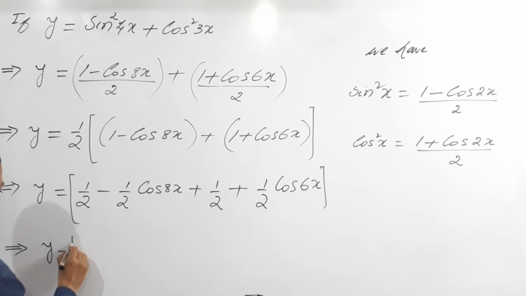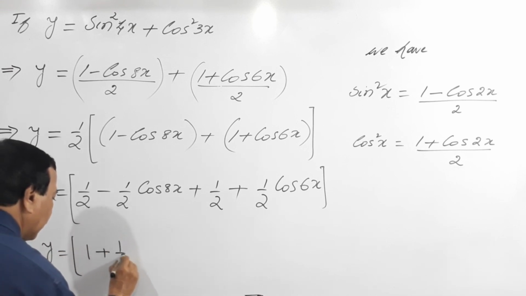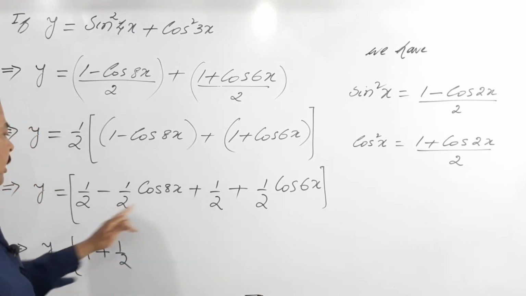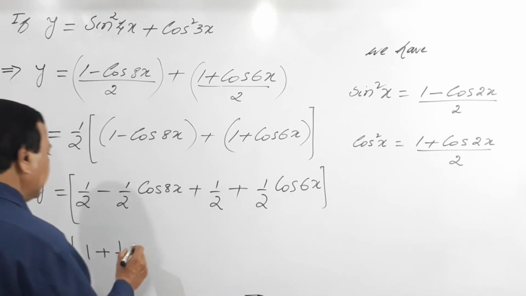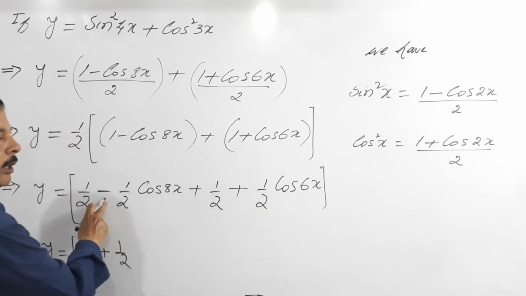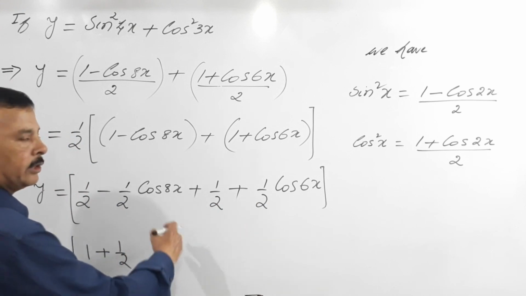That is 1 plus half. I take this, half plus half is 1. I take this plus half and minus half. So like this, I will take this first because I want to avoid this negative sign to begin with. I will rearrange it.